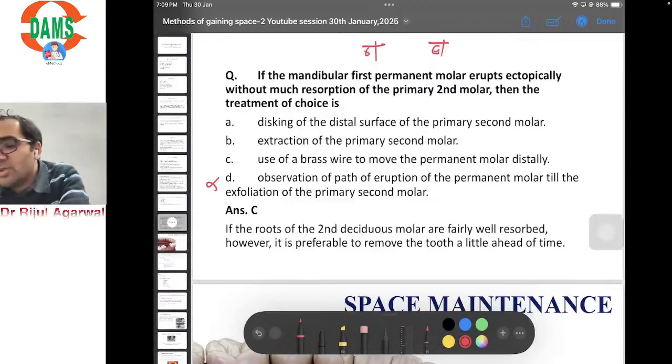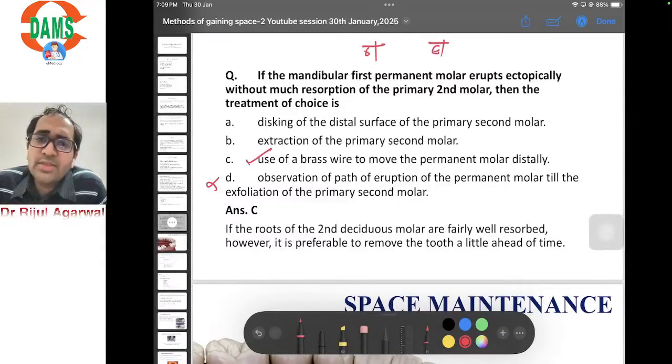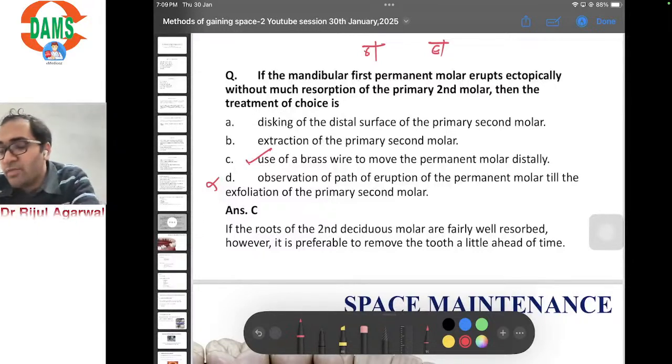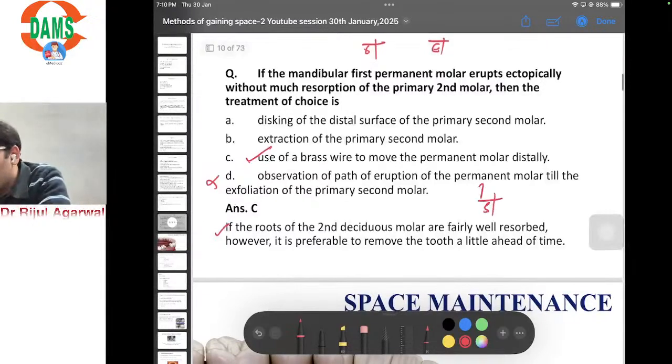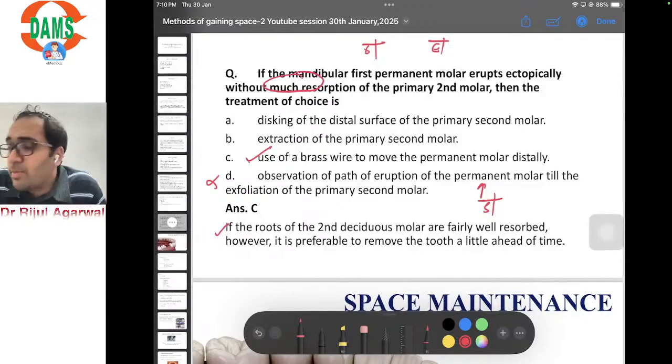The D option is eliminated because the 6 has already erupted. So what we will do is we will move the permanent 6 distally so that it does not encroach upon the space of the erupting permanent second premolar. Okay, and on radiograph if we see that the second deciduous molar's roots are resorbed, meaning the 5 is erupting, then we can also extract this E. But here in this question it is said that there is no or without much resorption of primary second molar.